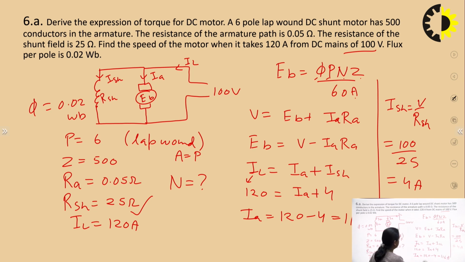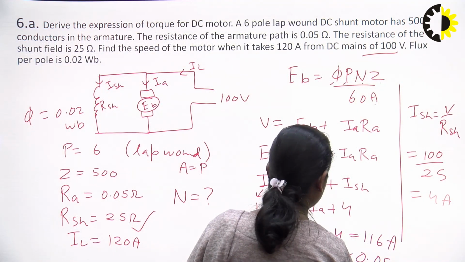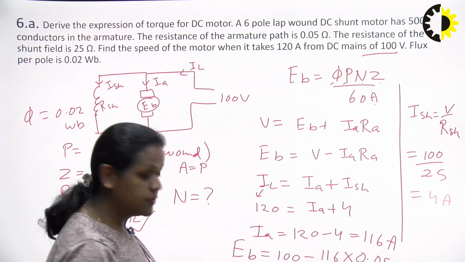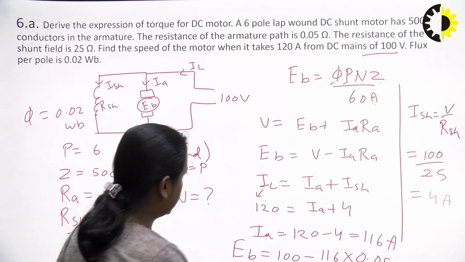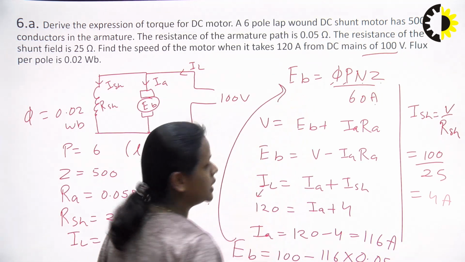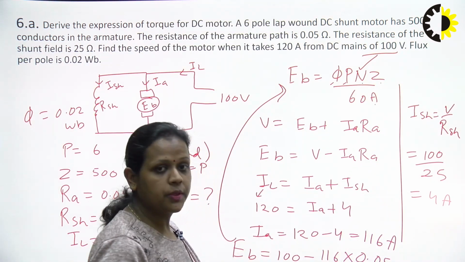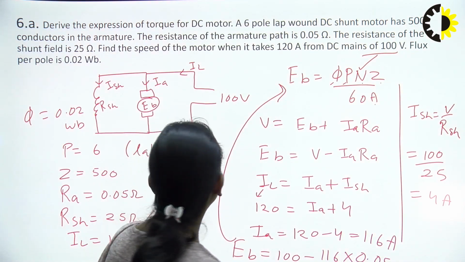So by putting all these values, we can find the value of EB. EB is equal to 100 minus Ia, 116, into Ra, 0.05, right? After solving this, we can find the value of EB, and after finding EB, you can put this value in this equation and find the value of N, it means the speed of the motor, right?